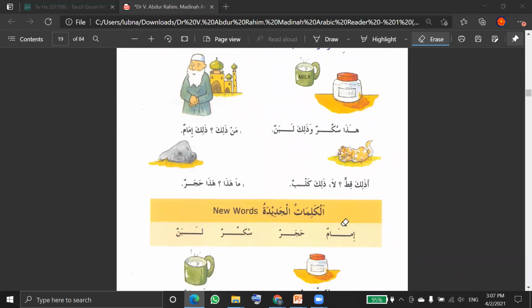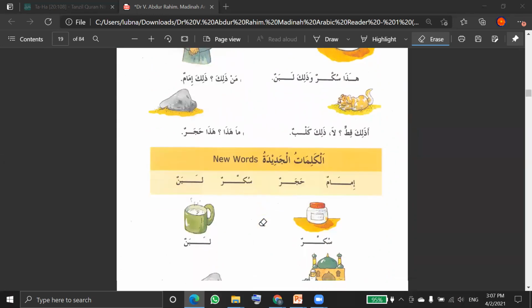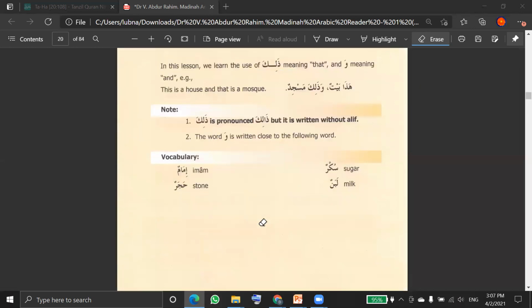Write this page, these 4 sentences, take a picture and send it to me, and learn these words. I'm going to do a short quiz about these vocabulary words next time.